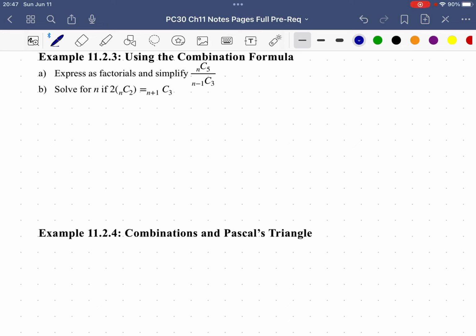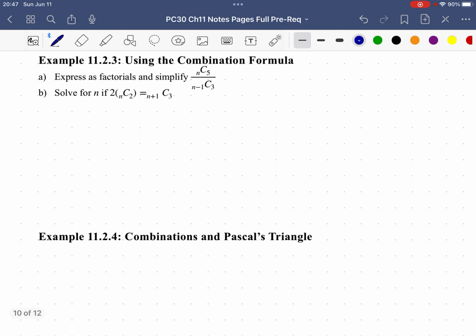Okay, let's take a look at using the combination formula. For letter A, we're going to express as factorials and simplify. Now we've got nC5 divided by (n minus 1)C3.